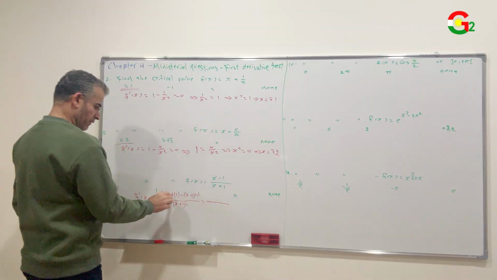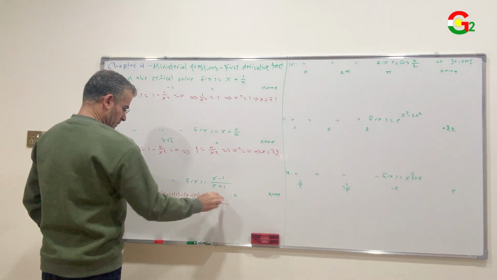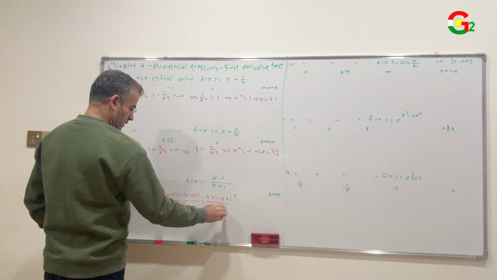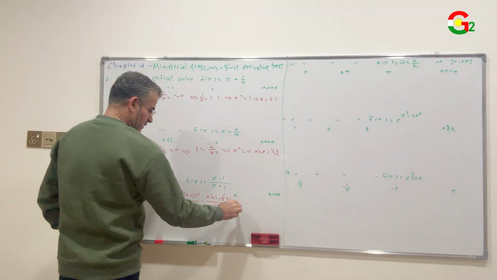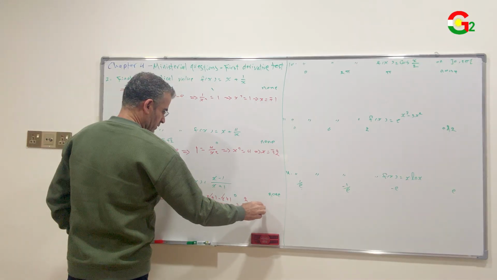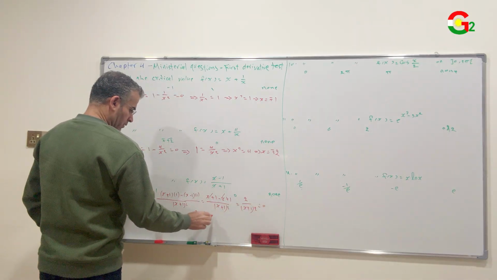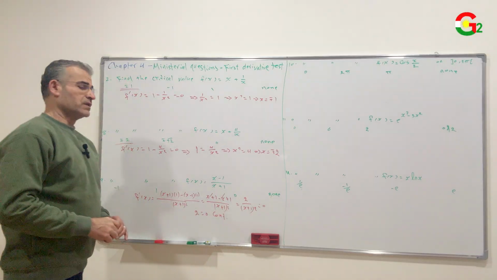Simplify this derivative: (x plus 1 minus x) over (x plus 1) squared. Negative x with positive x cancel, giving 2 over (x plus 1) squared. Set it equal to 0. This gives us 2 equals 0, a contradiction. There is no value that makes the derivative 0.